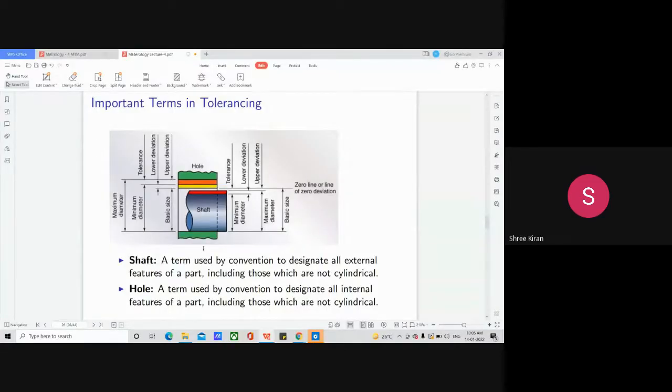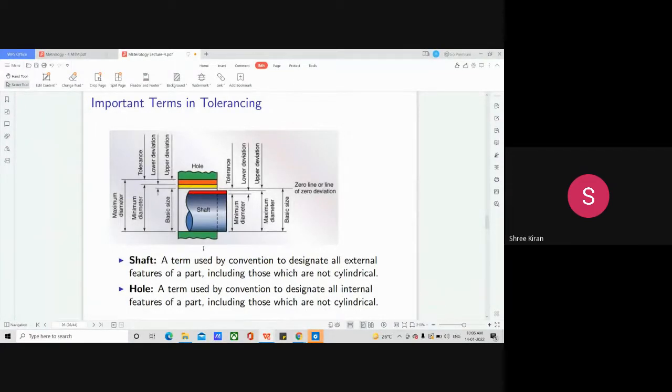It might not be cylindrical also, but here we have drawn a shaft which is cylindrical. The presentation is given as cylindrical.